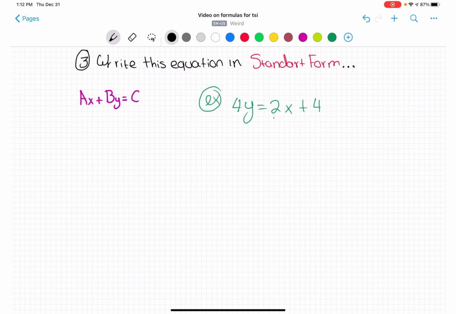So this is the third formula or thing that you should know, which is the standard formula, which is ax plus by equals c. And here we have an example.